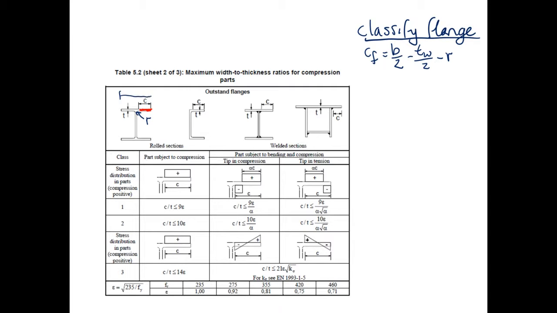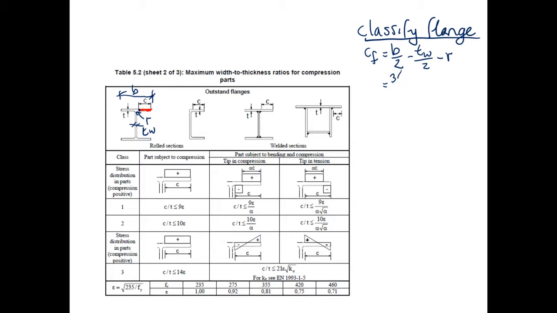We've got the overall width of the section is B. So if we go half through that, then we have to take away the half of the web that's left on the other side. So B over 2 is to get halfway in, and t_w over 2 gets us to the right hand edge of the web. Then the radius will get us right to the edge of the C value there. So that's where that value comes from, just straight from the geometry.